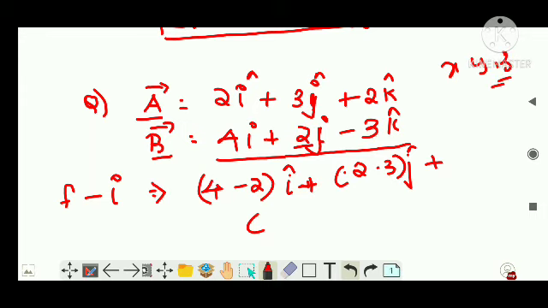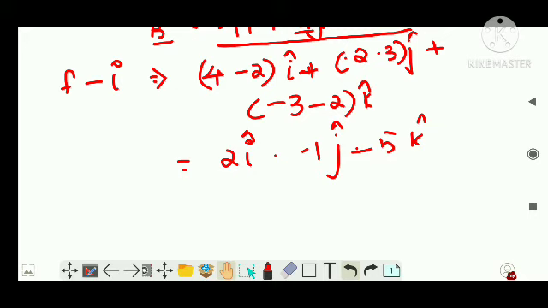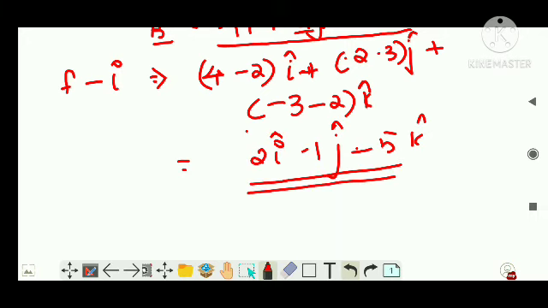So delta z is z2 minus z1, that is minus 3 minus 2 k cap. Similarly, 4 minus 2 is 2 i cap, plus 2 minus 3 is minus 1 j cap, then minus 3 minus 2 is minus 5 k cap. So I can write it as 2 i cap minus j cap minus 5 k cap.